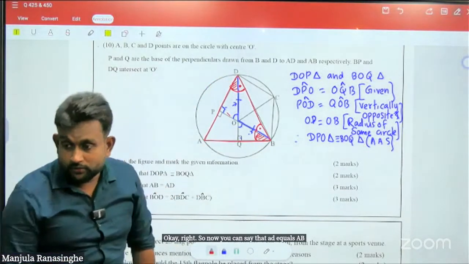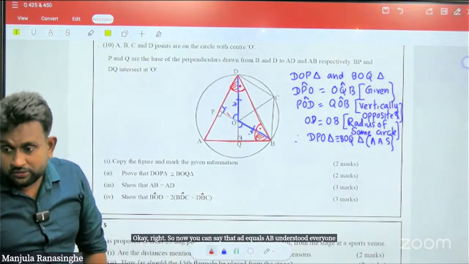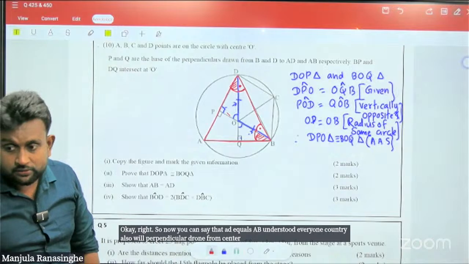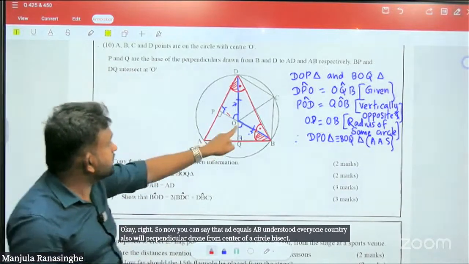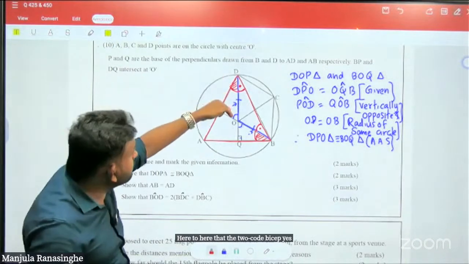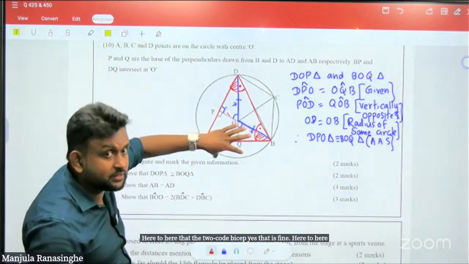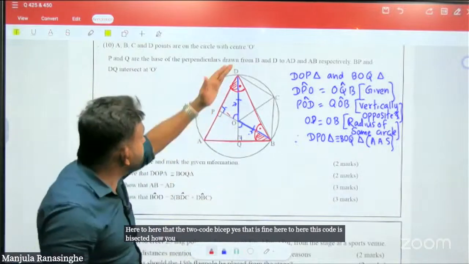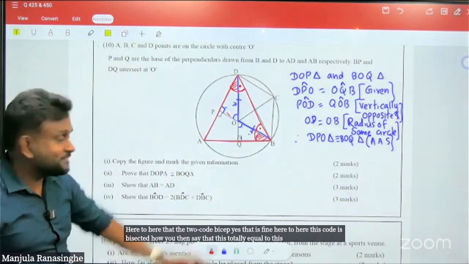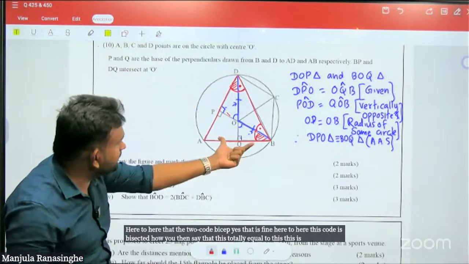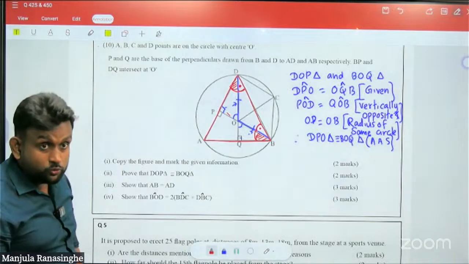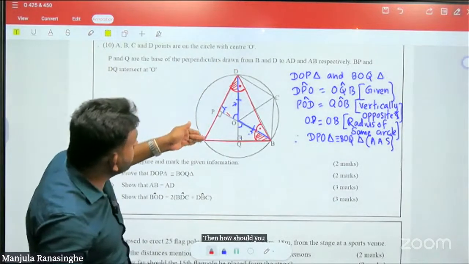Understood everyone? Can't we also use the perpendicular drawn from the center of a circle bisects the chord? Yes, that is fine. Here to here, this chord is bisected. How do you then say that this total is equal to this? This is bisected. Then how to show that AD equals AB?